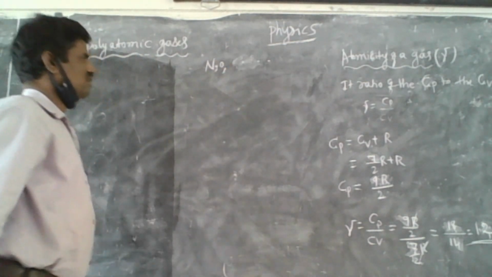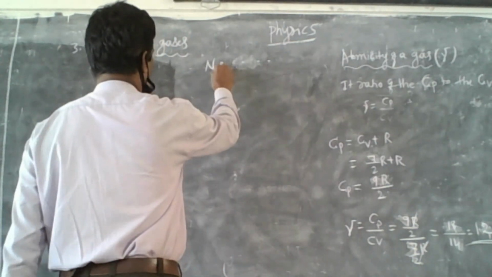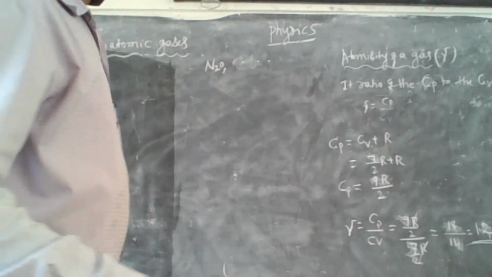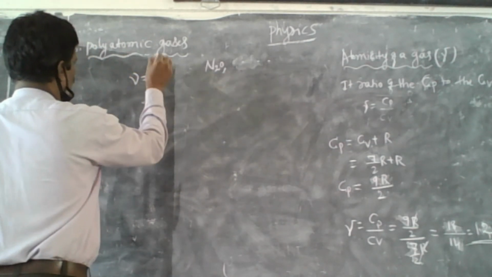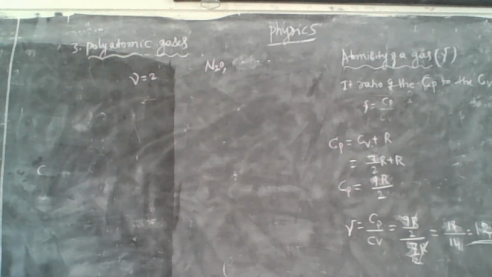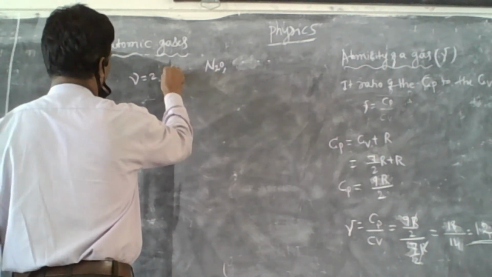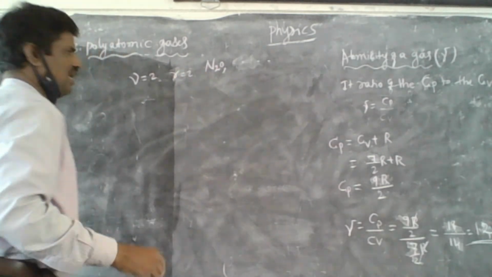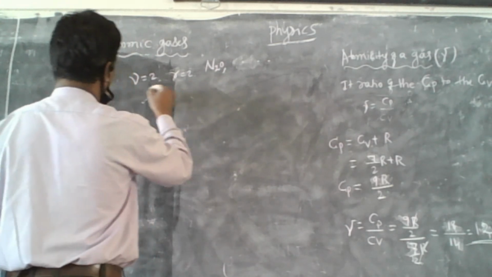Here there are 6 degrees of freedom because the molecule has vibrational energy and 2 rotational energies, in addition to the 3 translational energies.